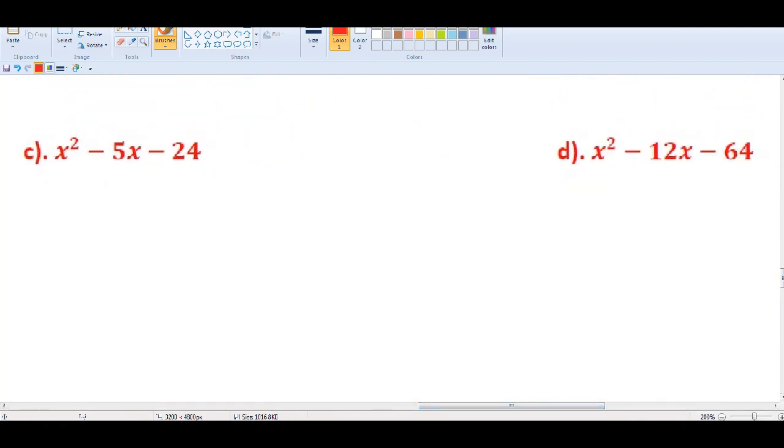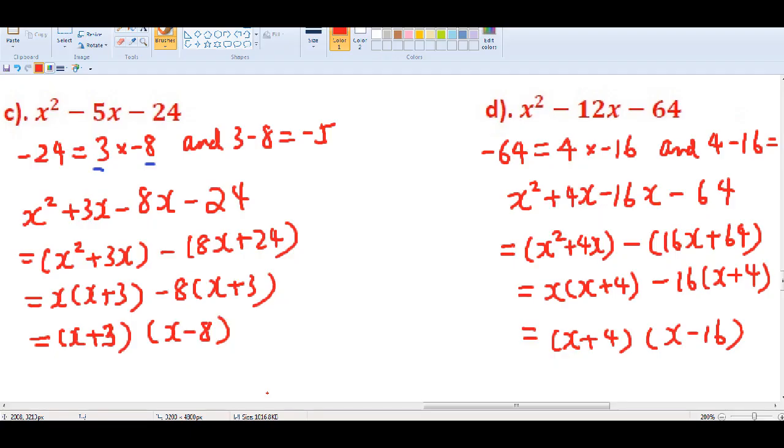Okay, so here you are. You got the answer, right? Let's check. For the first pair, you need to find a pair of numbers, 3 times 8 equals 24. But since the middle term is negative, you need to put the negative sign on the bigger number. So you get 3 times negative 8, and 3 minus 8 will be minus 5.